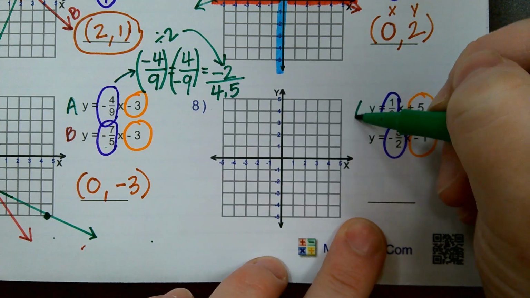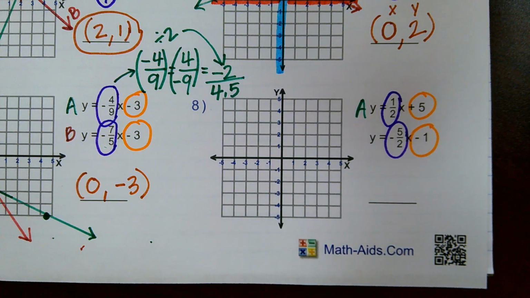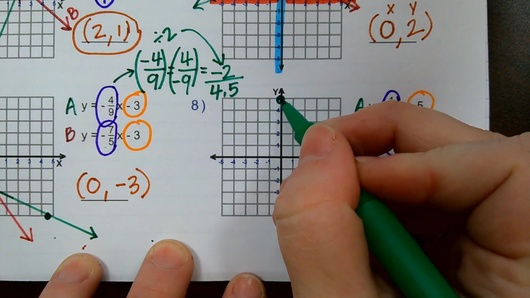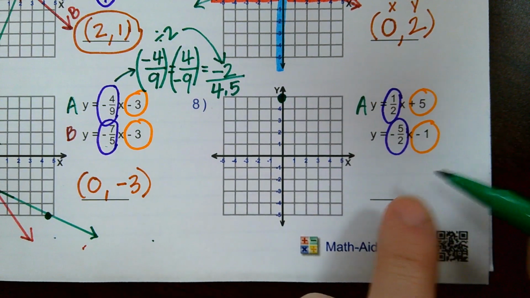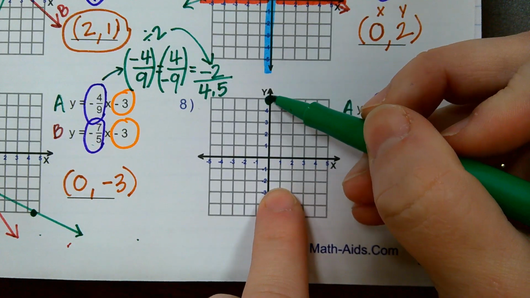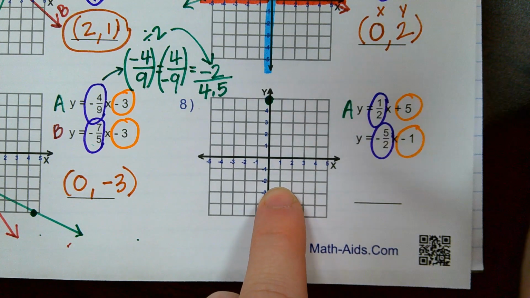So let's graph A first. Okay, so our first point goes where? Positive 5. And then how do we find the next point? Over 2. 1 over 2. Yeah, you could go up 1 off the graph and over 2.